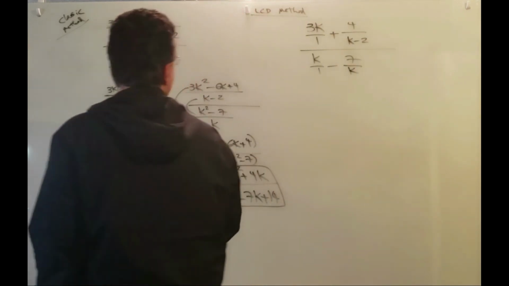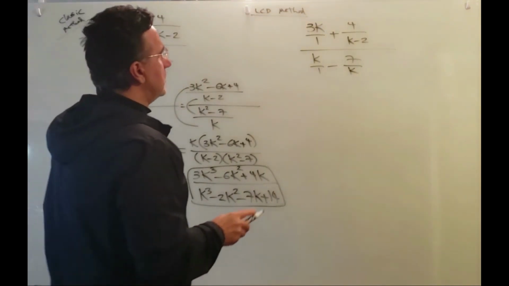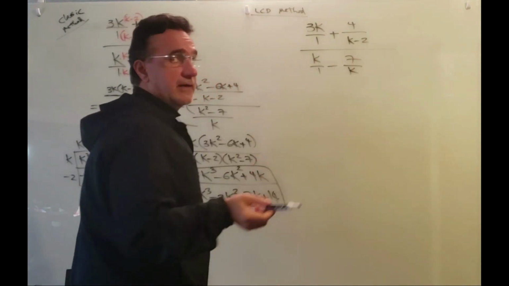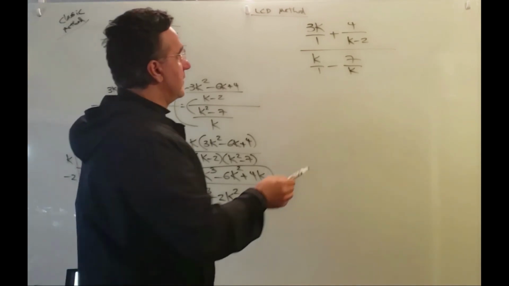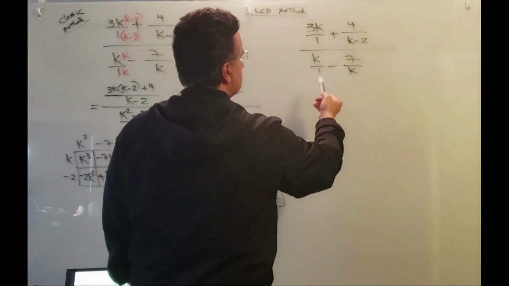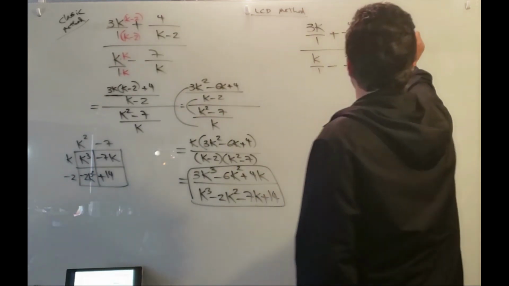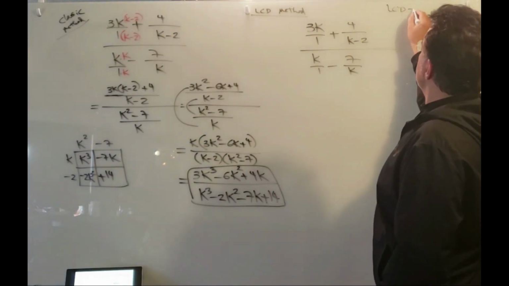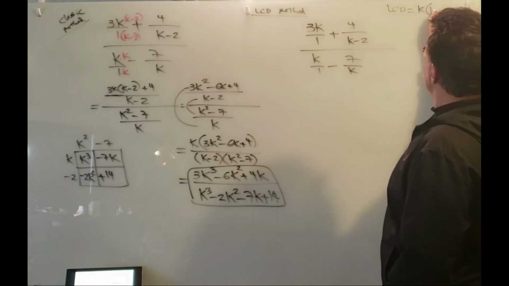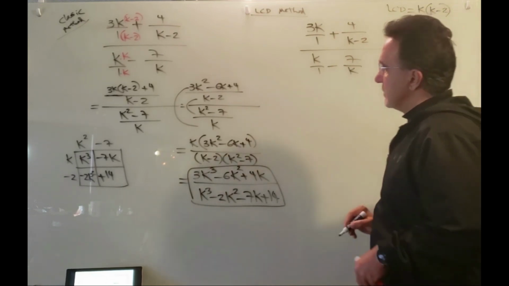So if we use the LCD method, we need to look at all the denominators here, and we need to find the LCD. Notice the denominators are 1, k minus 2, a 1, and a k. So the LCD is simple. If you notice, the LCD for the entire complex fraction is k times k minus 2.